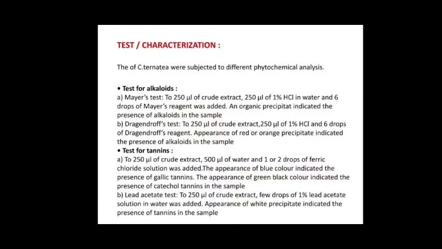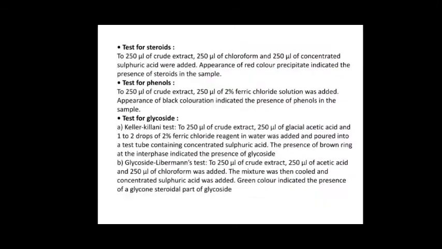An organic precipitate indicated the presence of alkaloids in the sample. Test for tannins, in which one is the lead acetate test. In this test, 250 ml of crude extract and a few drops of 1% lead acetate solution in water were added. Appearance of white precipitate indicated the presence of tannins in the sample.